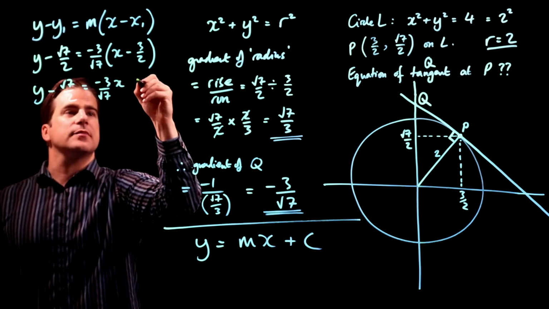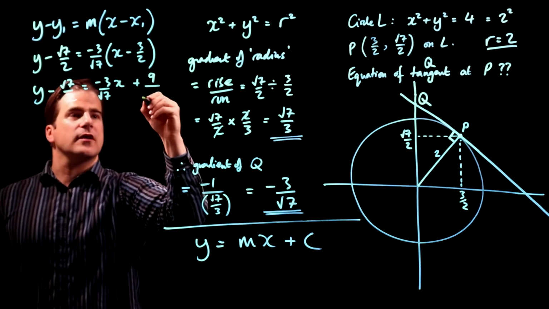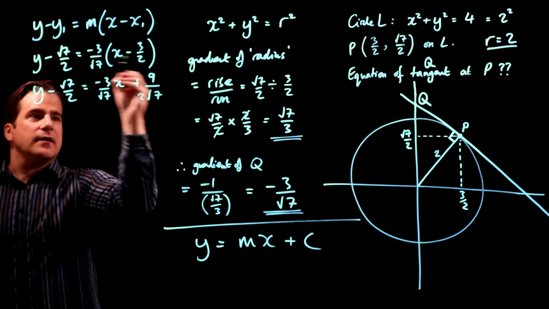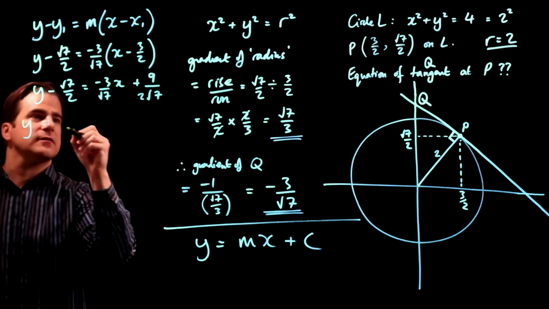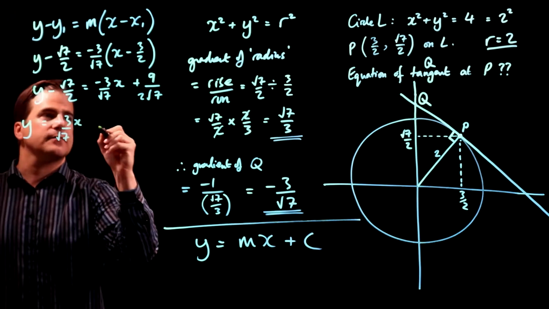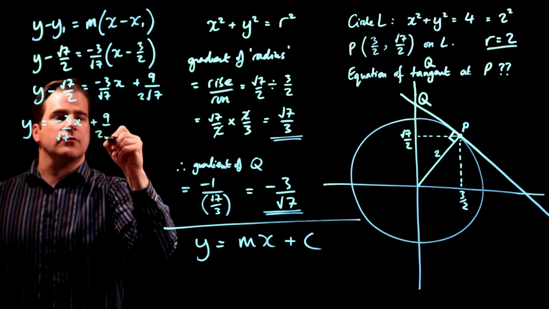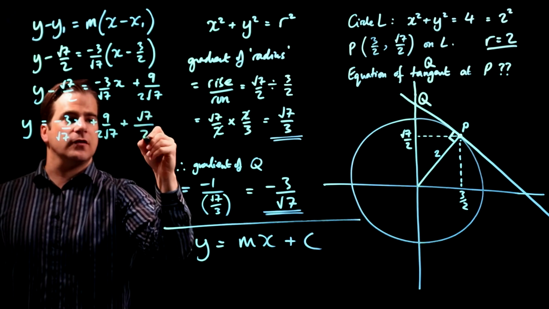Minus times minus is a plus, 3 times 3 is 9, over 2 root 7. Take the minus root 7 over 2 over there, and we get y equals minus 3 over root 7 x plus 9 over 2 root 7 plus root 7 over 2.